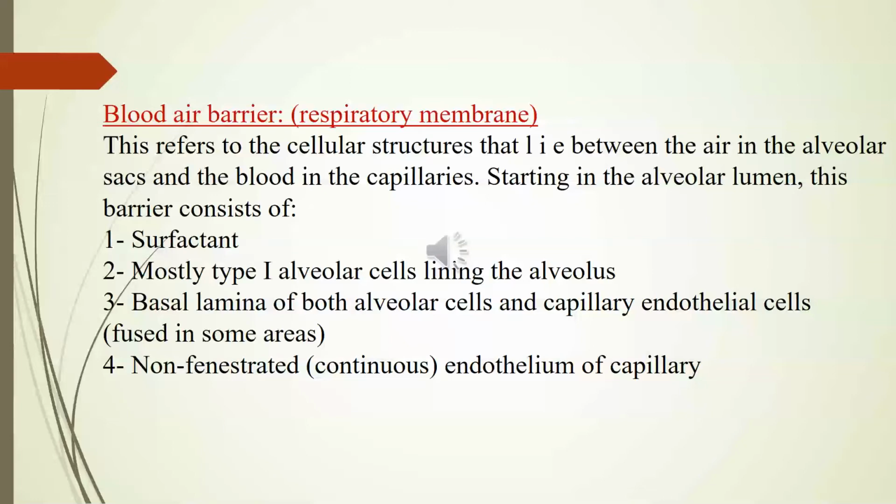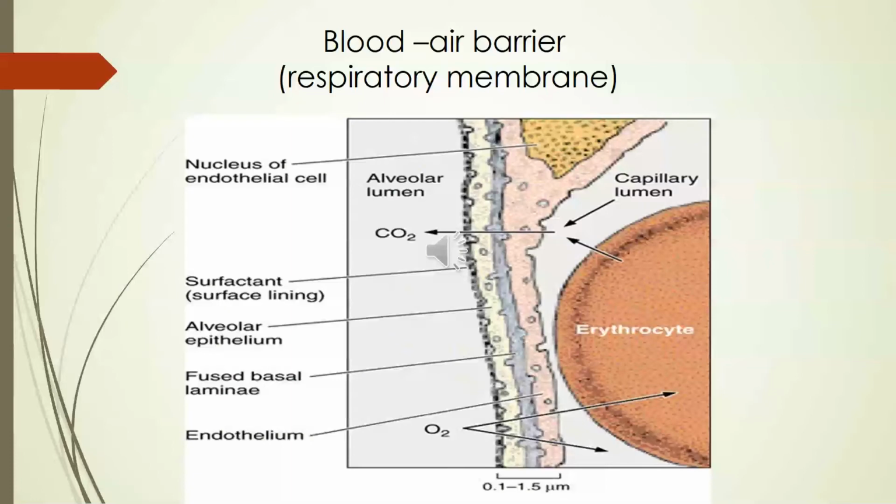This structure is collectively called the respiratory membrane. This diagrammatic illustration shows the different layers and components of the respiratory membrane or blood-air barrier.